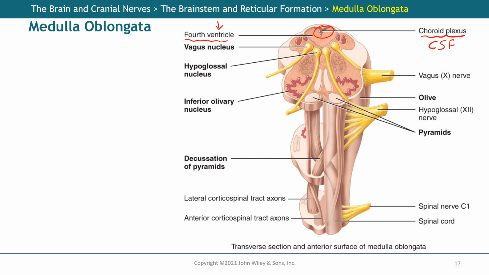Here you see that there are one, two, and three nuclei. So all of these ones, nucleus, nucleus, and nucleus. If you remember, these nuclei are collections of somas, of neurons that have a specific function.